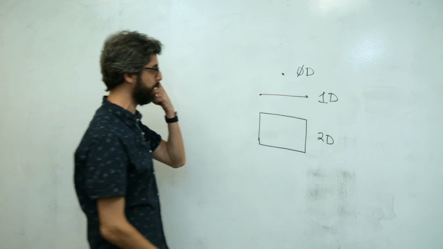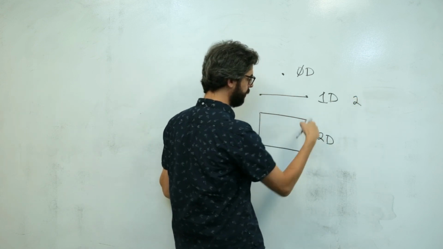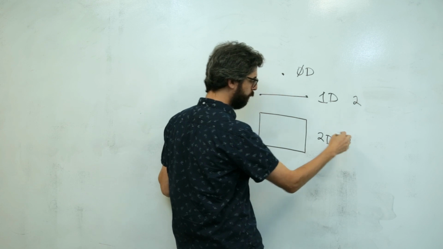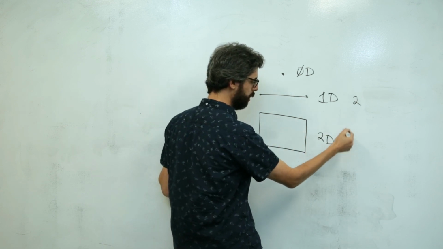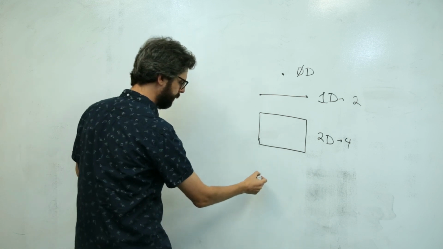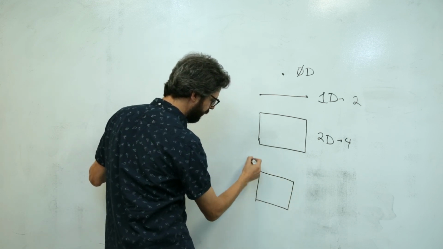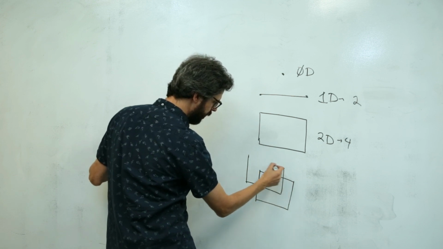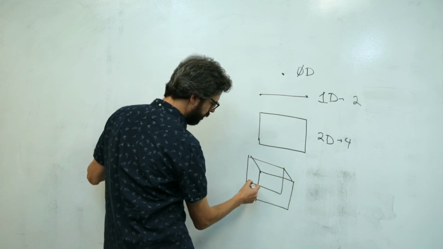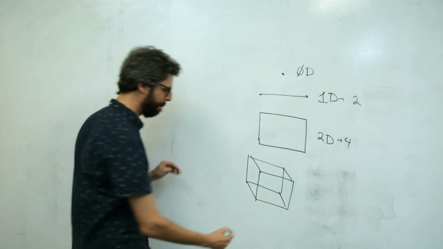Now, notice a pattern here. This is bound by 2 points. This is bound by 4 lines. Now, if I create 2 planes, and then connect all the edges, I have what is commonly referred to as a cube.